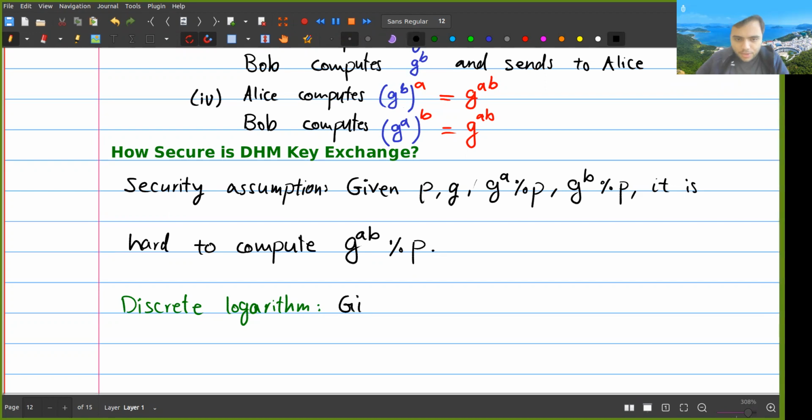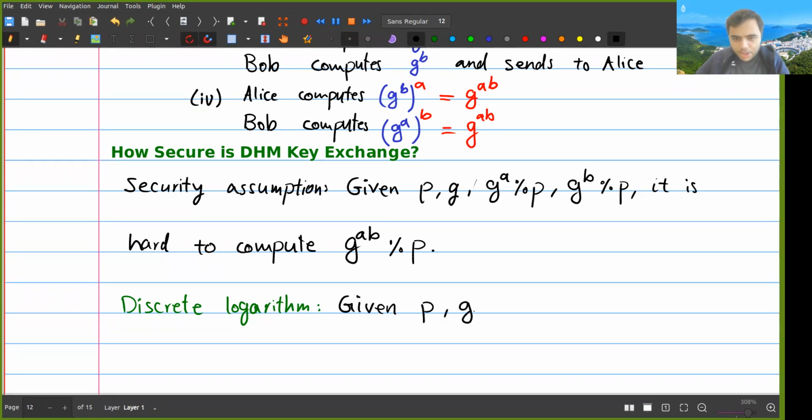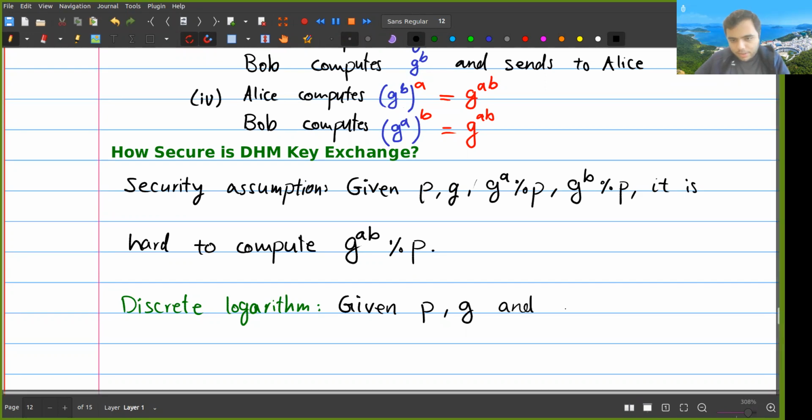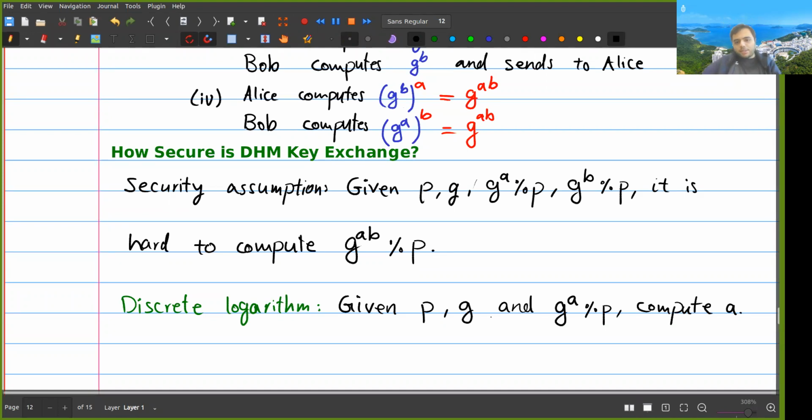It says given P, G, and G to the power of A, of course, modulo P, compute A. Basically, the problem asks you to compute a logarithm, but the difference is that it's discrete, and we are doing all of our calculations modulo P. And again, this is a very well-known hard problem.